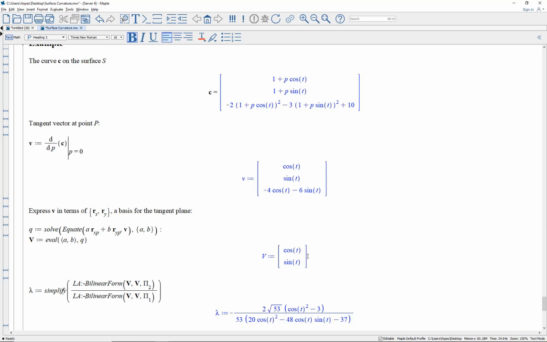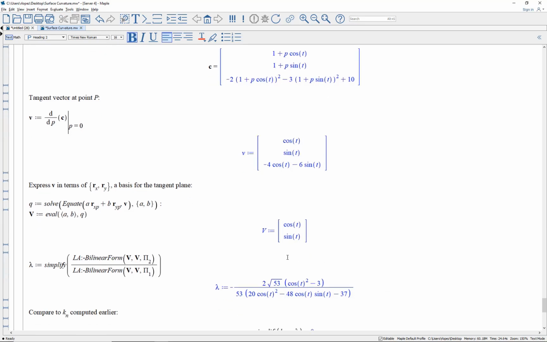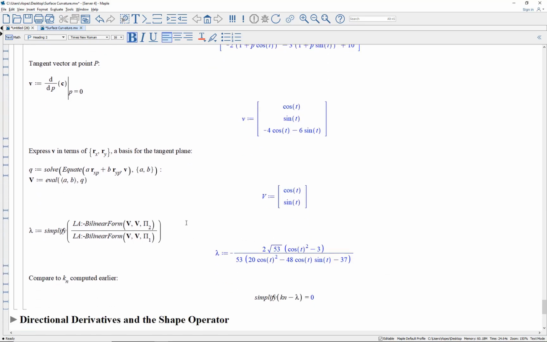It turns out to be cos t, sin t. Maybe that was obvious, but it wasn't obvious to me when I was working my way through this stuff. It says, okay, I'm going to get the bilinear form, second fundamental form, bilinear form, first fundamental form. Linear algebra has this bilinear form command, which is very convenient.